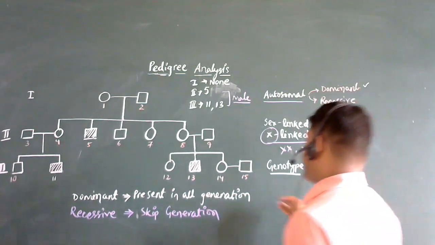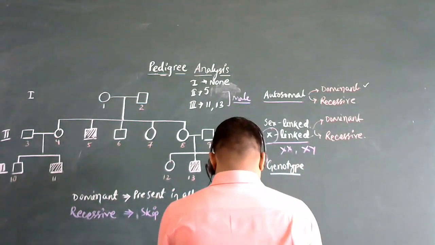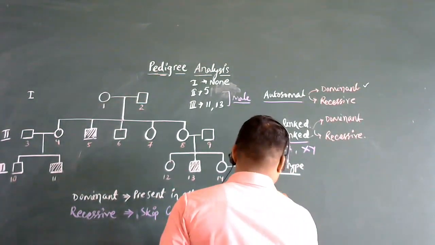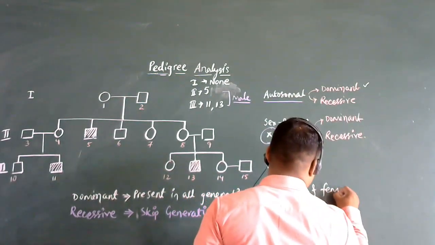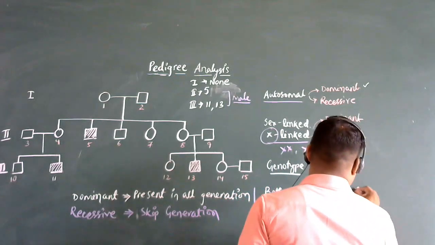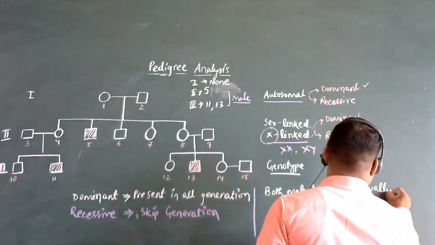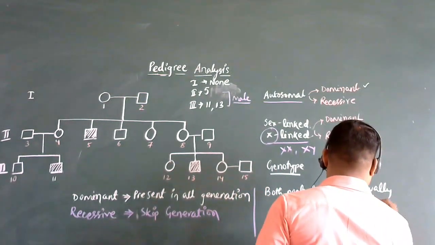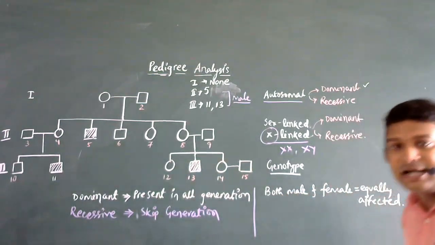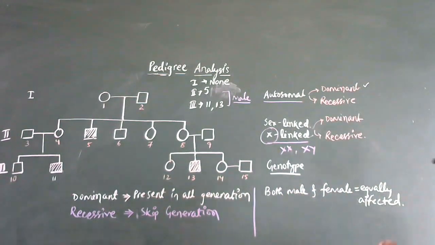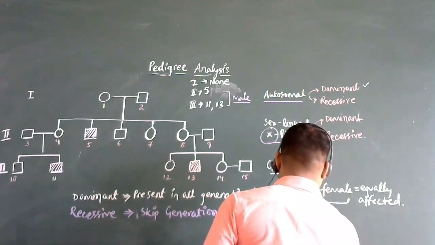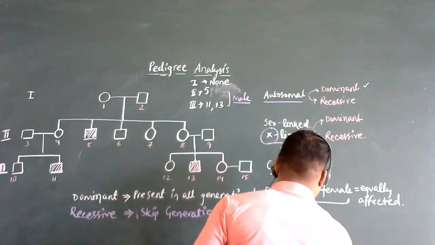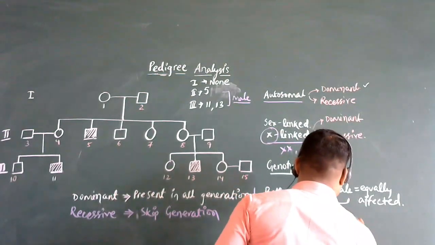So a very simple way again to identify: if both male and female are equally affected, in this case it is going to be an autosomal trait.